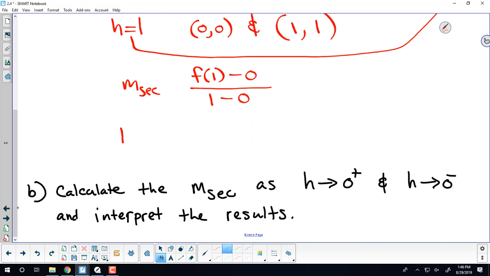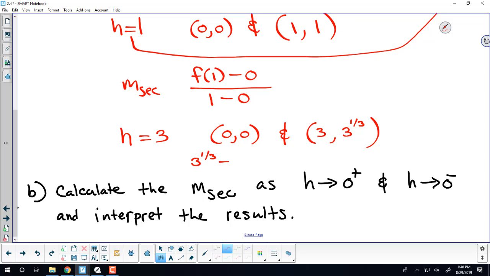And then if h is 3, then I've got the points 0, 0, and 3, comma, 3 to the 1/3. And you say, I have to find the slope between those 2 points. So it's 3 to the 1/3 minus 0 over 3 minus 0. And we have to compute those every single time.